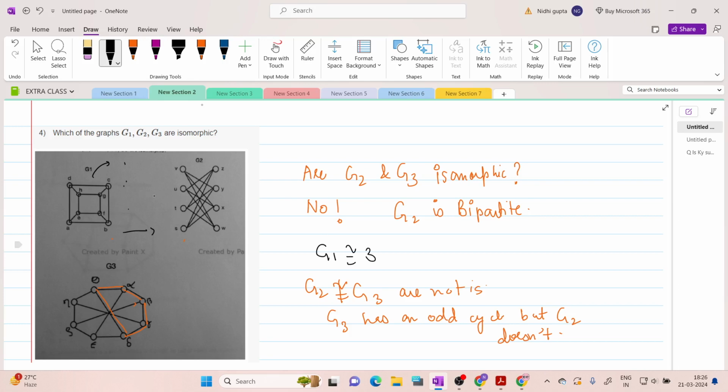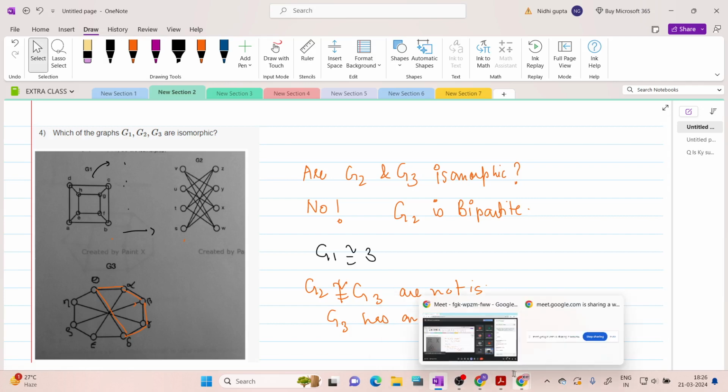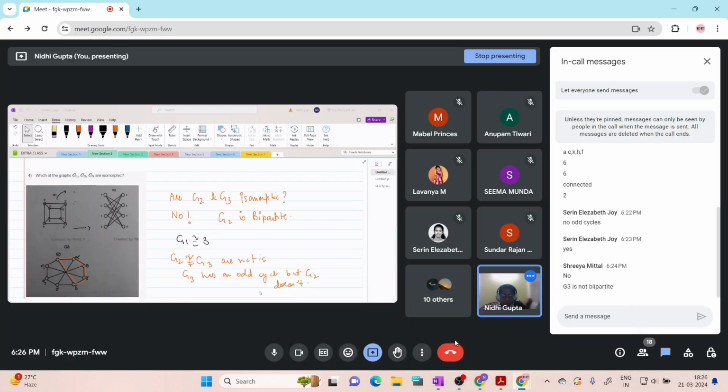Now G1 and G2 are isomorphic. G2 and G3 are not isomorphic. So this will also give that G1 and G3 are also not isomorphic. So this question is also fine. Any doubts in this question?